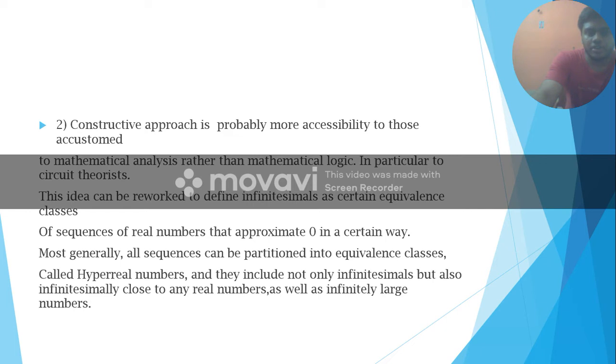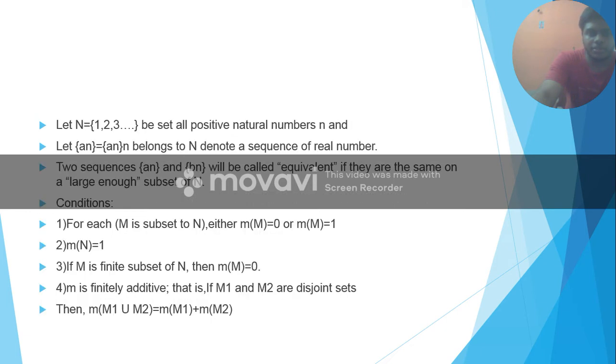The real numbers approximate zero in such a way that sequences partitioned into equivalence classes are called hyperreal numbers, and they include not only infinitesimals but also numbers close to any real number, as well as large numbers.